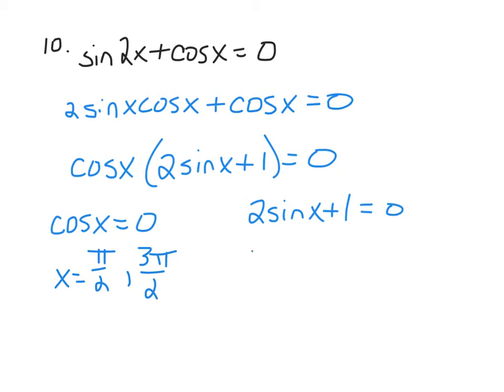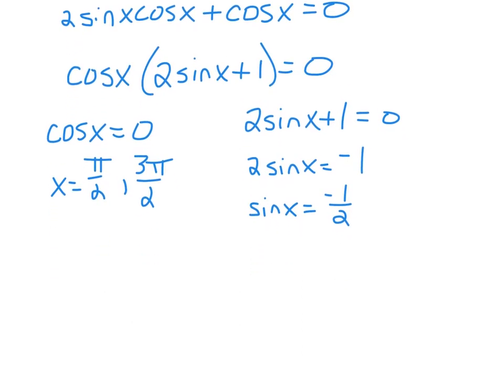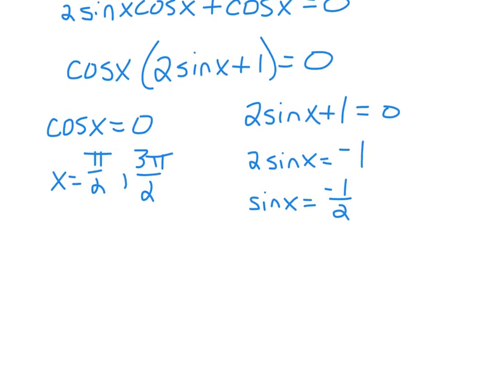We're going to solve for sine of x here. Okay, and then the same process. What angle, the sine of what angle gives you negative 1/2? So remember that sine is your y values on the unit circle.